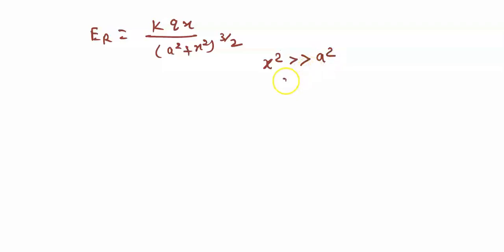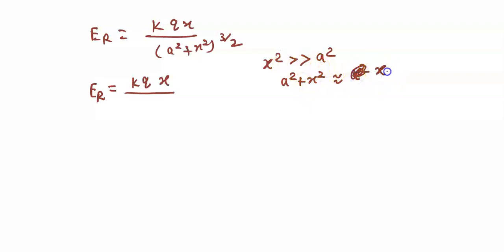what we can do is write a square plus x square as equivalent to x square, because we have assumed x square is extremely greater than a square.